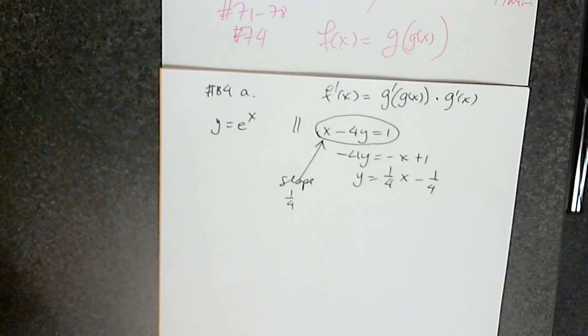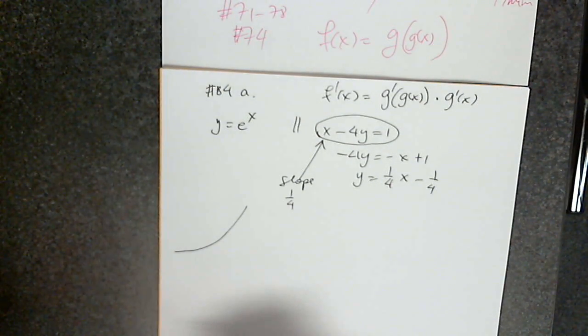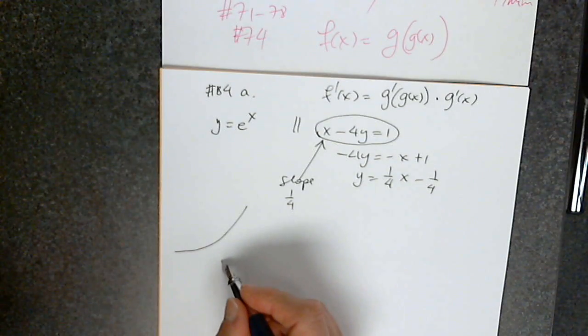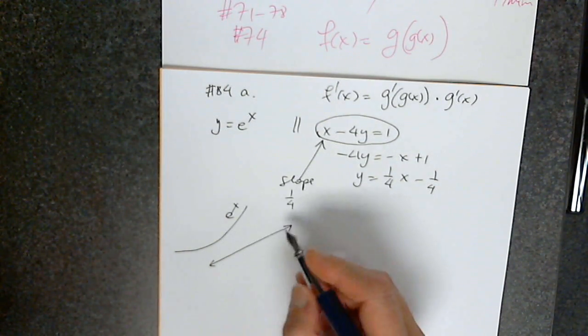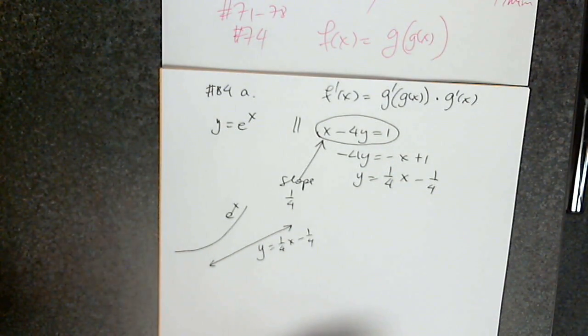So then, find the equation of the tangent line to the curve. So this is the curve e to the x, right? And this is the line y equals 1/4 x minus 1/4.